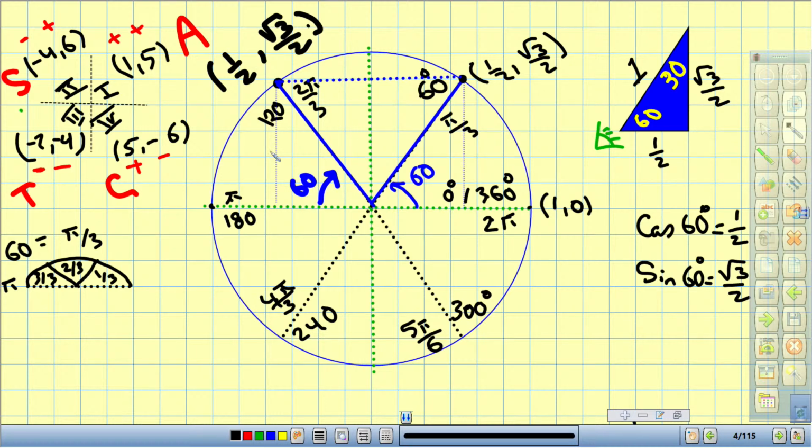In the second quadrant, is the x positive or negative? Come on.